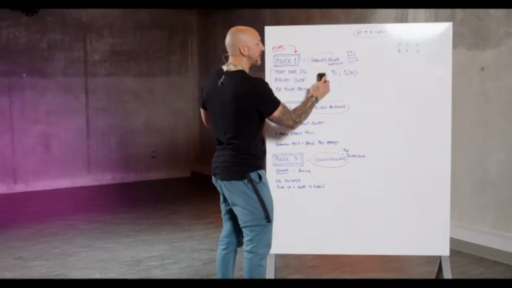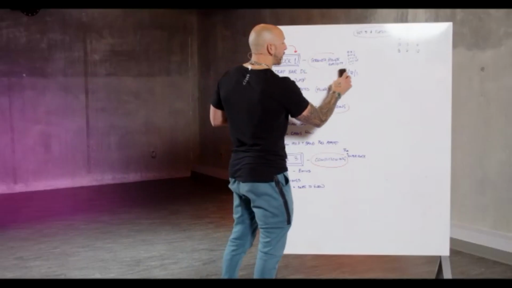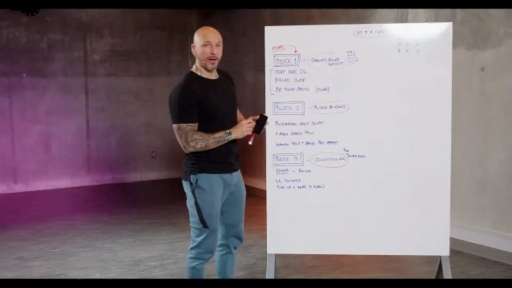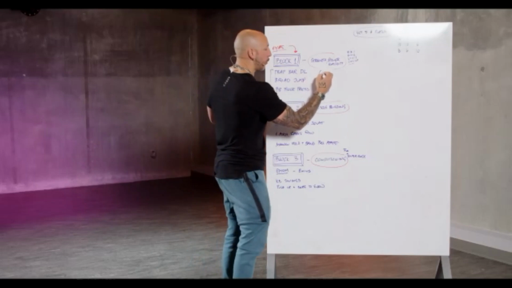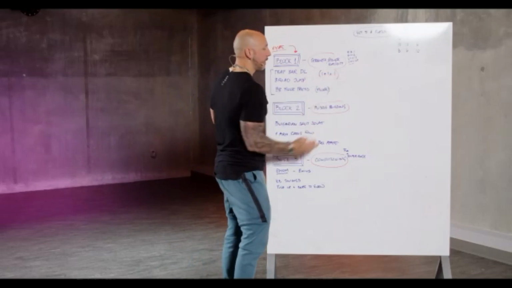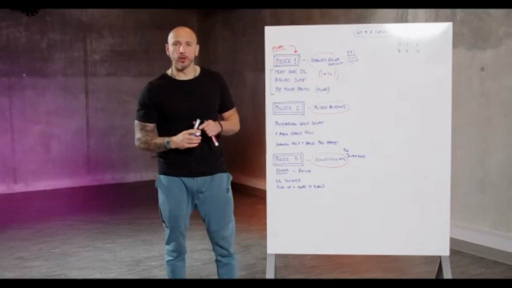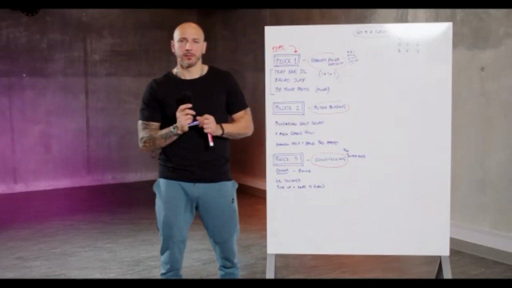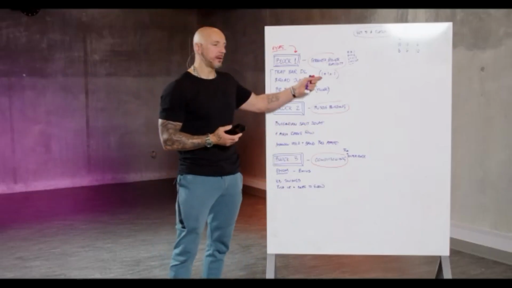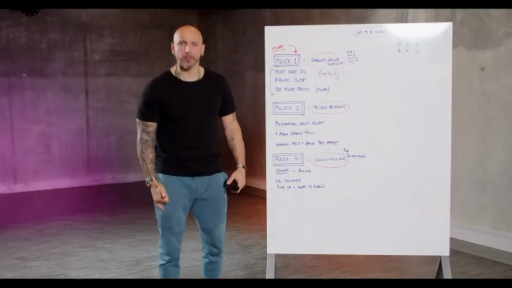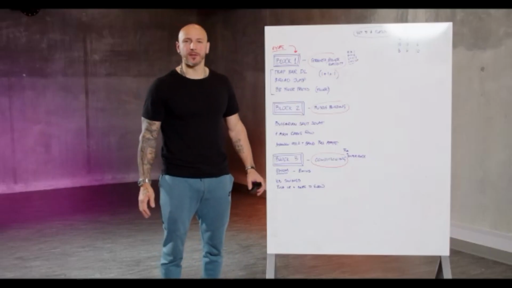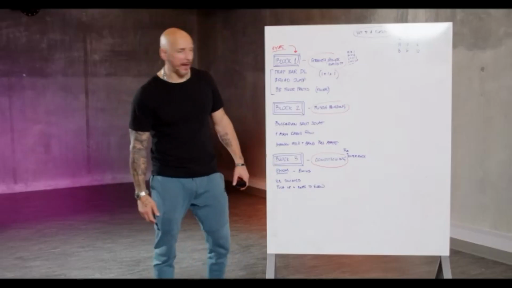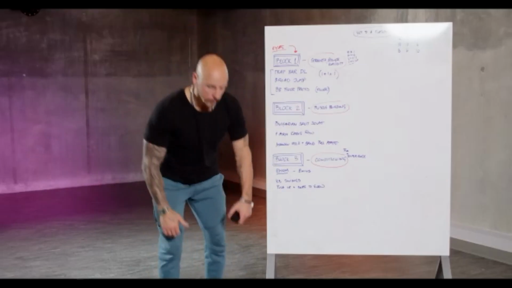If you know what rest pause training is, this is how I would write it out: 1 + 1 + 1. You take a weight that you could lift 2 times safely, and then you lift it for 1 rep, and then you rest for 10 to 15 seconds. So basically you count down 10, 9, 8, and come back to it.